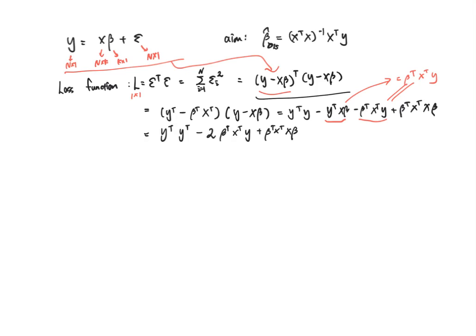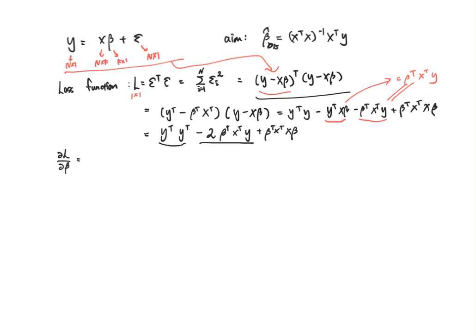So I'm going to differentiate this. First, if you differentiate the first term by beta, it becomes 0 because there's no beta in this term. Don't be scared too much about vector differentiation.